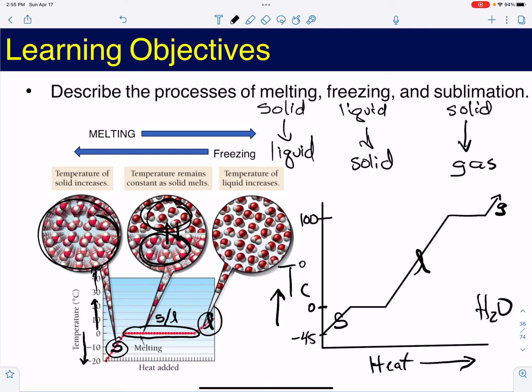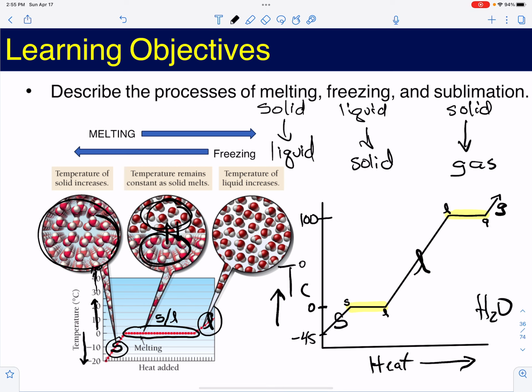And the plateaus are going to be my melting and my boiling. You can say that the solid ends there and the liquid begins there.